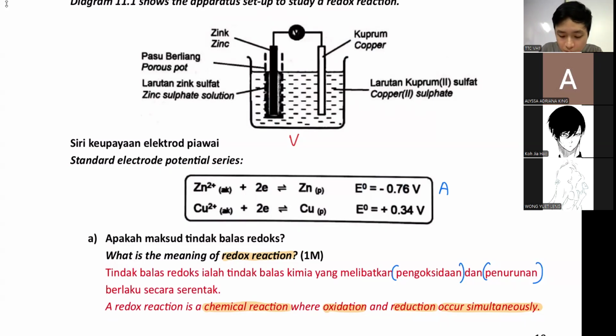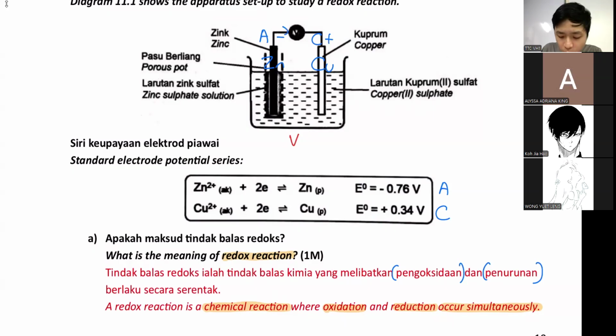So zinc is the anode, the negative terminal. And then the other one, which is more positive, that one is the cathode. For example, copper here, the E naught value is more positive, that's why it's the cathode, positive terminal.